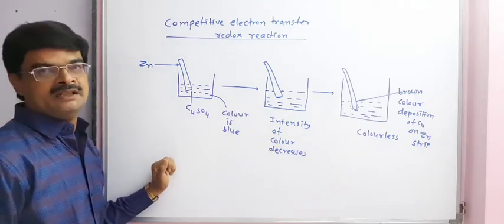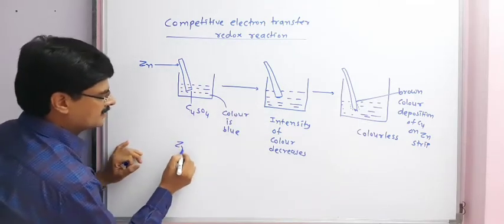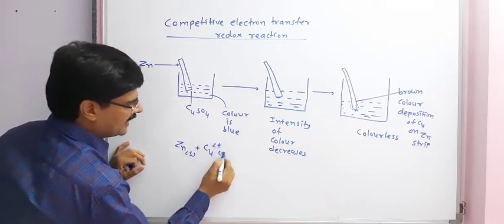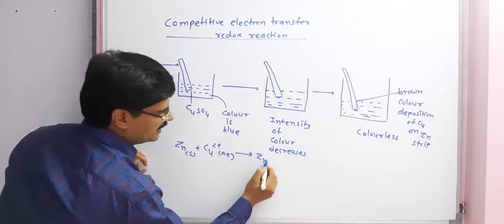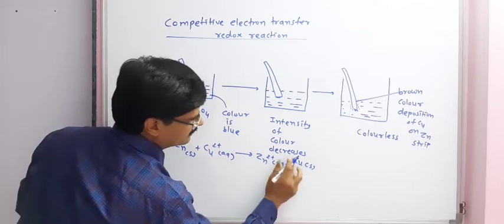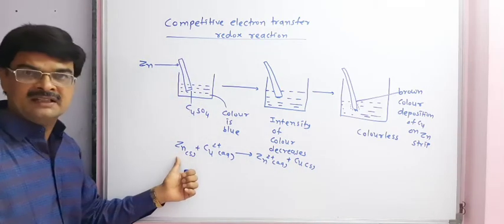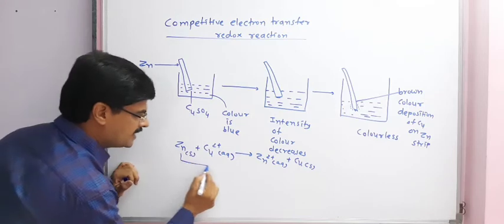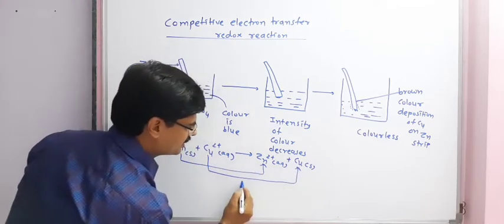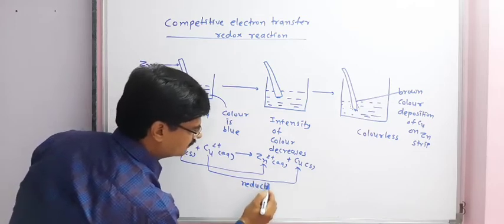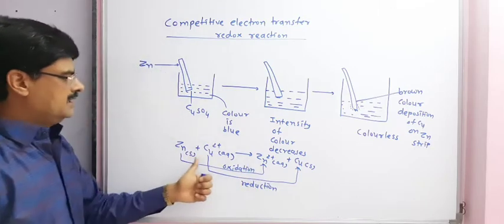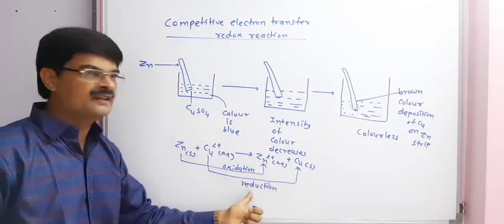From this experiment, we can write the reaction as Zn plus Cu2+ aqueous will give Zn2+ aqueous plus Cu solid. So here in this case, Zn is oxidized and Cu2+ is reduced.